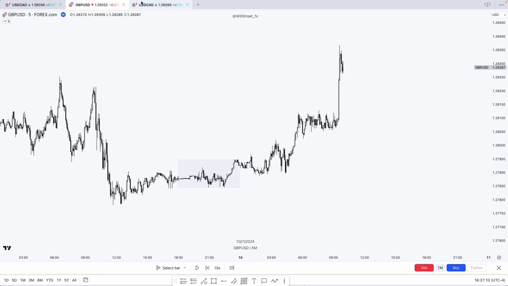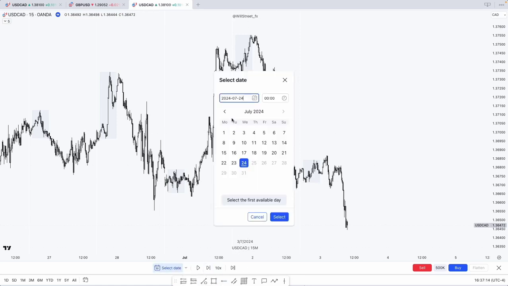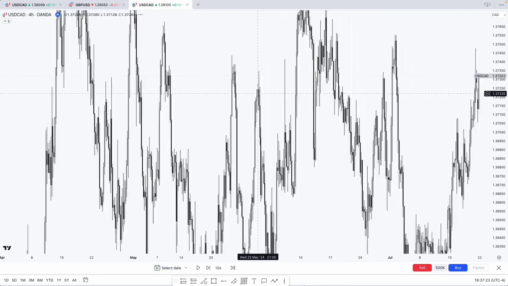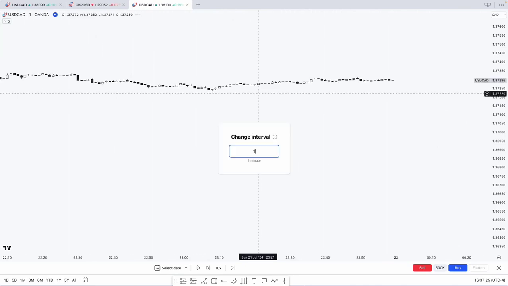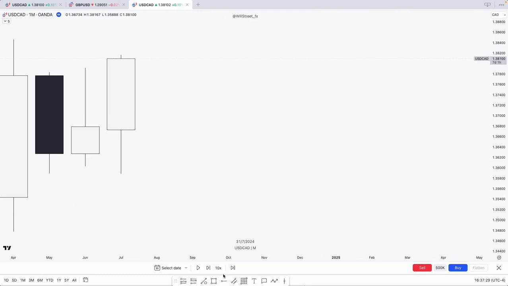So next one, USD CAD. Go fast. Okay, this was this week. I remember perfectly. Remember we had this 1 month liquidity, right?